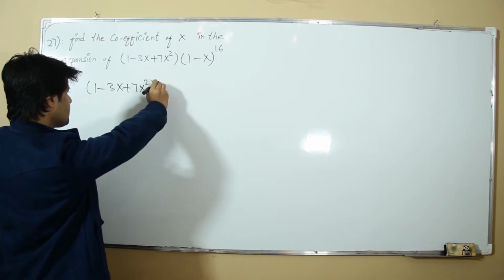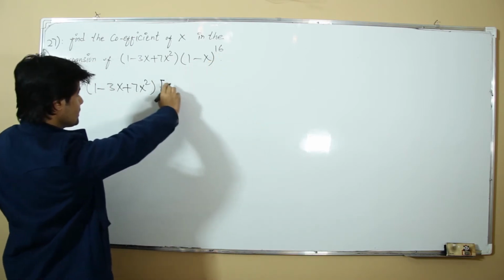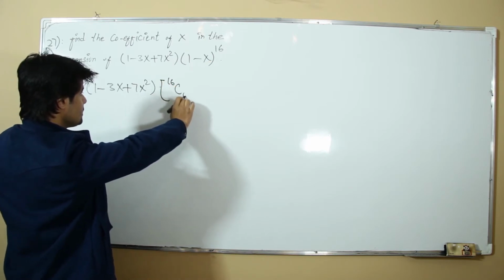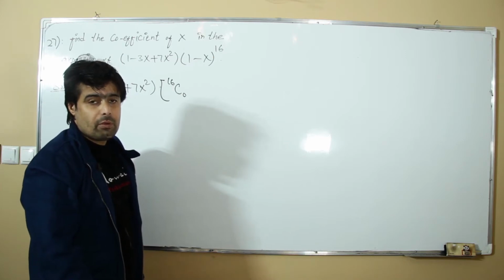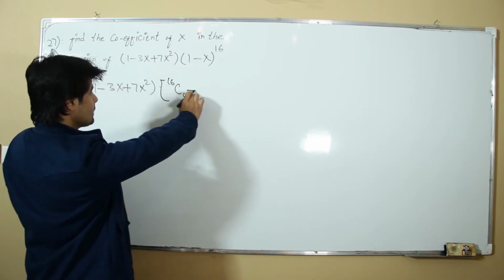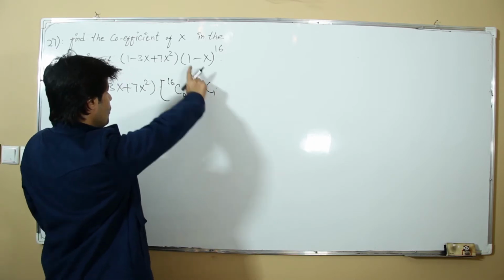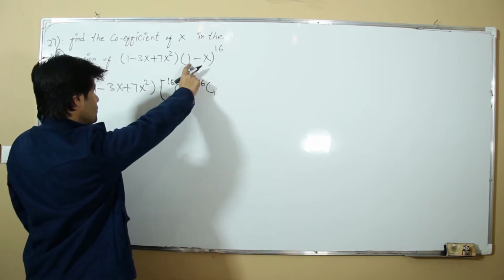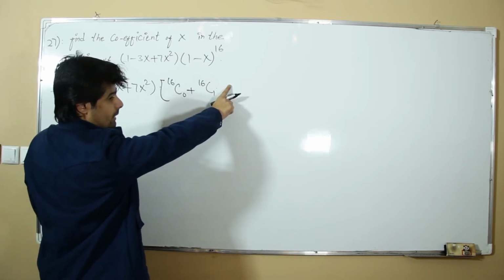I think the expansion for this one is nC0, n is 16, 16C0, 1 raised to the power 16. 1 raised to every power, it's 1. Plus the next term is 16C1. You have to decrease 1 from the power of 1, but 1 to every power, it's 1.